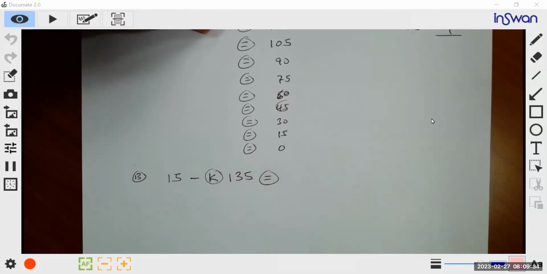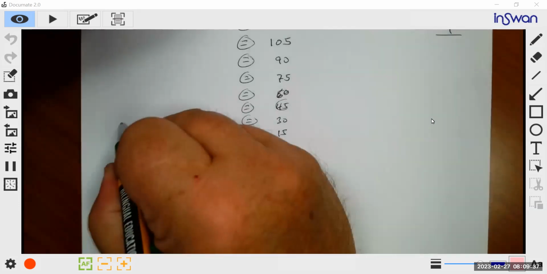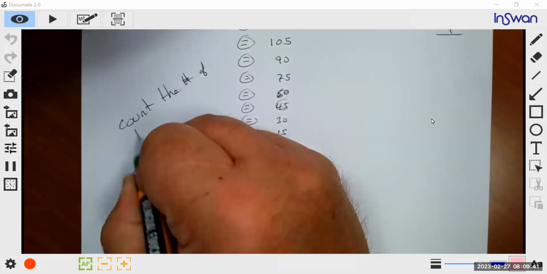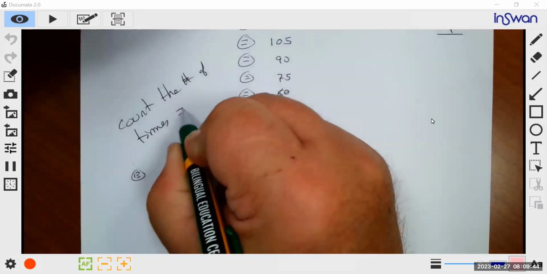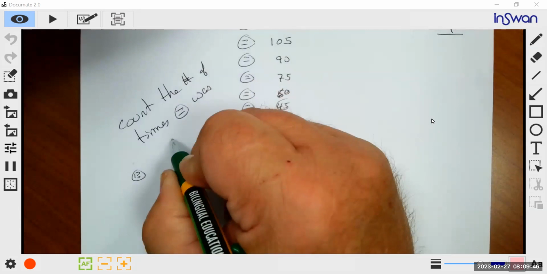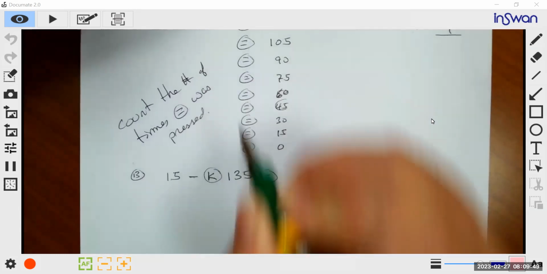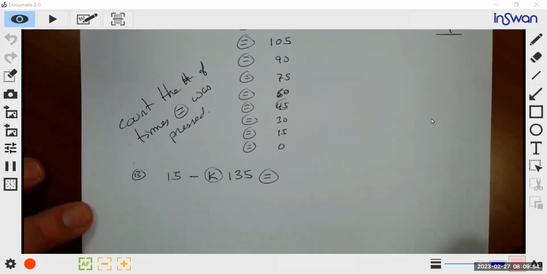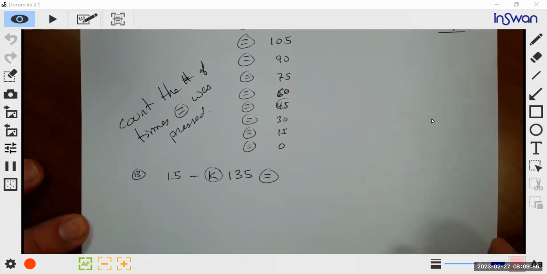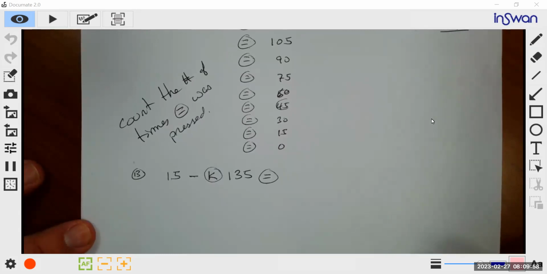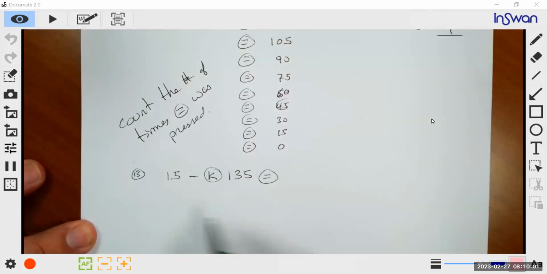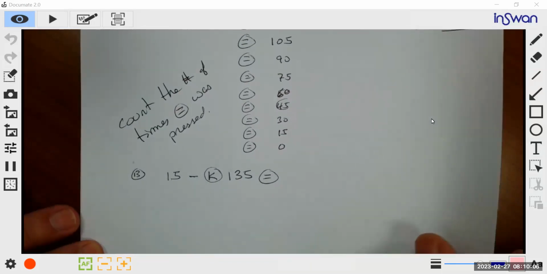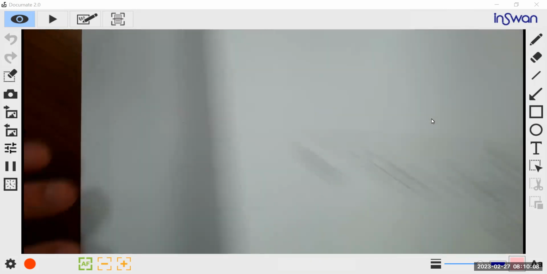And same thing: count the number of times 0 was pressed. And that's your answer. I thought that was pretty cool. So what this shows us is subtraction and division are similar operations. They do the same thing.